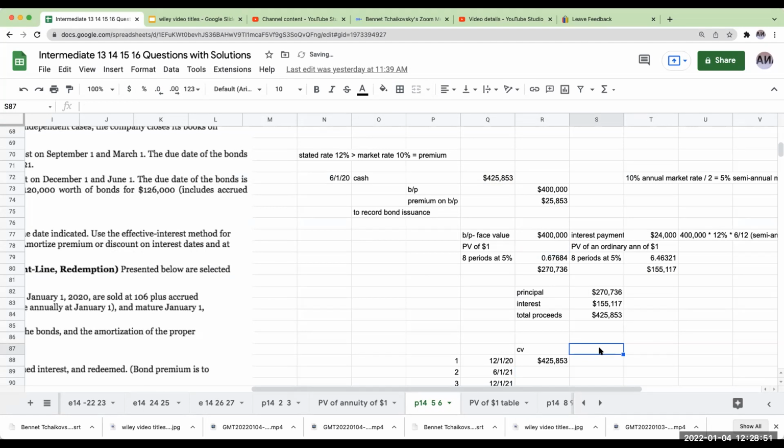What I then do is my interest rate, my market interest rate is at 5% or half of the 10%. So my interest expense is going to be 425,853 at 5%. And my interest payment is going to be 24,000.